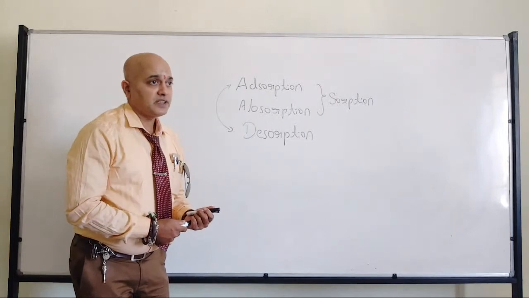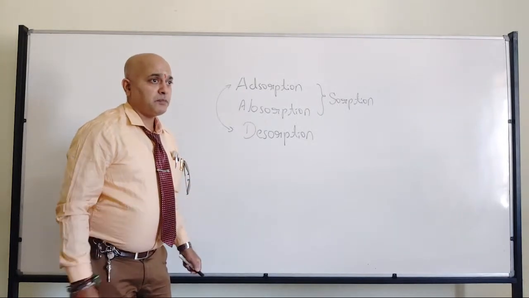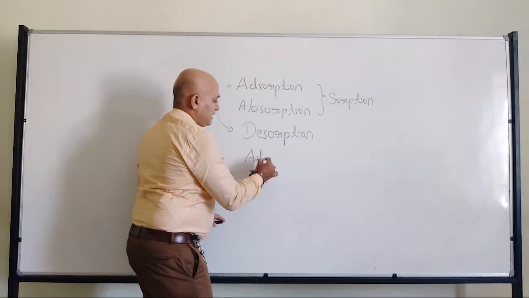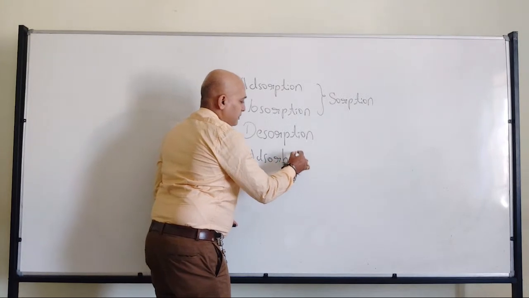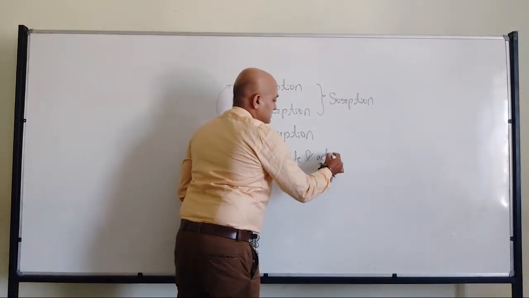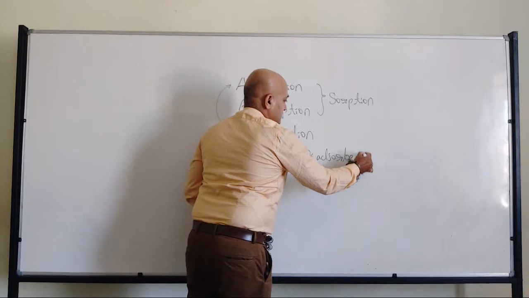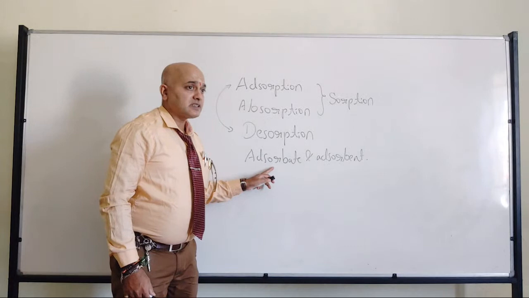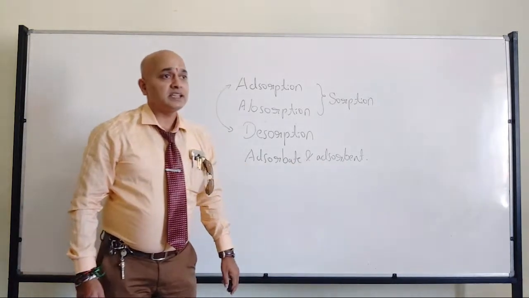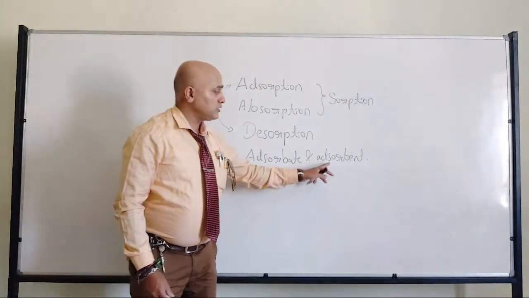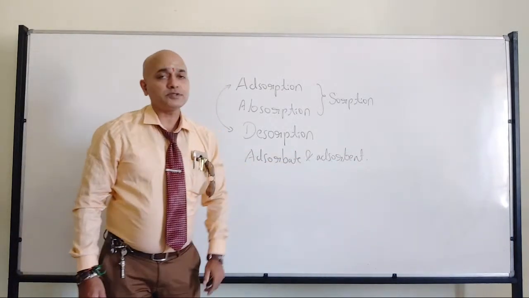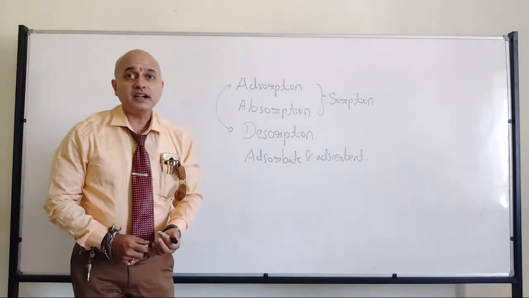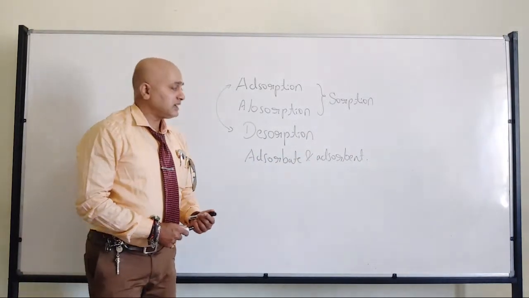Yes, Manjushri. Then Purnima. So whatever people have told is correct. Even we have discussed adsorbate and adsorbent. Adsorbate means the molecules which are getting adsorbed on the surface. Adsorbent is the material or molecules on the surface of which adsorption is taking place, right? Then what else have we discussed?